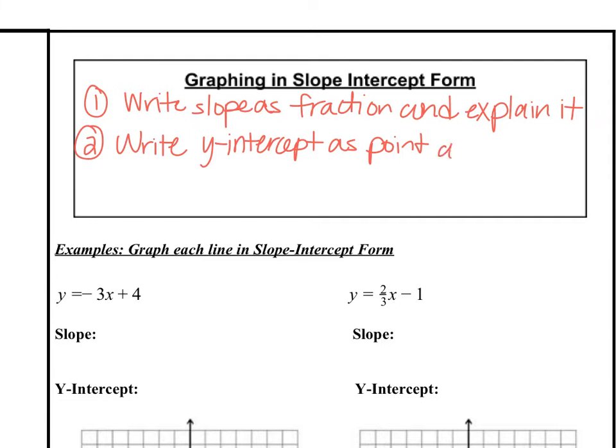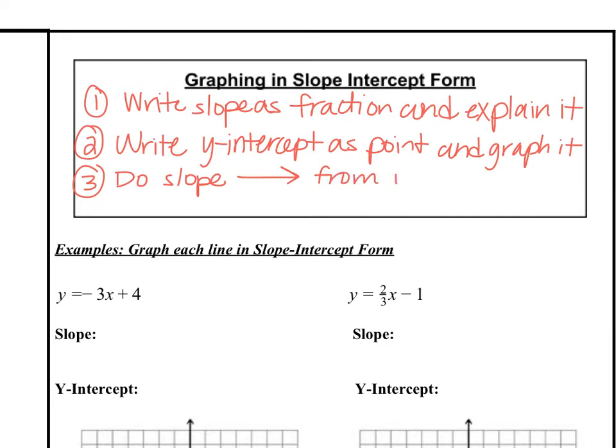And then graph it. So step 1, write your slope as a fraction and explain it. Step 2, write your y-intercept as a point and graph that. Last thing, step 3, do the slope to the right from the y-intercept.